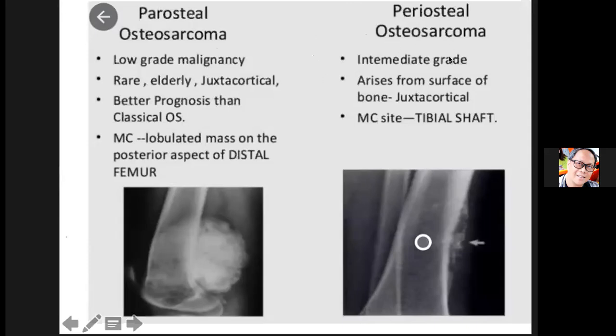Classical osteosarcoma is usually periosteal. No? The most common pattern shows a lobulated mass on the posterior aspect of the distal femur. So this type of lesion actually sits above the periosteum, no? While this one is periosteal. No? Okay. So again, periosteal osteosarcoma, most common site is tibial shaft.